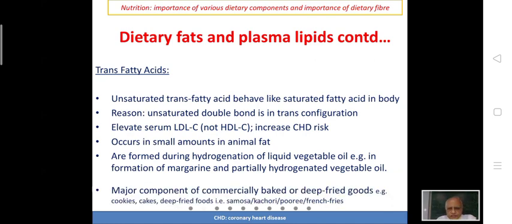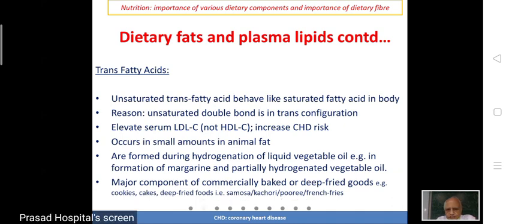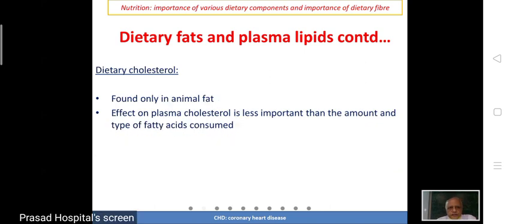They are a major component of commercially baked or deep fried goods such as cookies, cakes, and deep fried items in our Indian style. Whatever snacks we find to eat in the market might be rich in trans fatty acids.